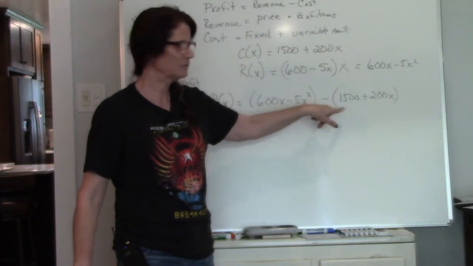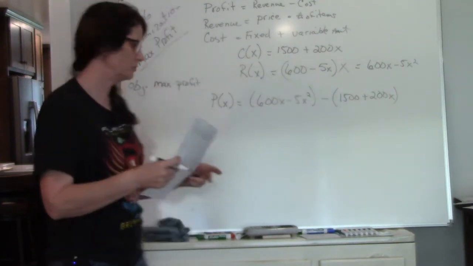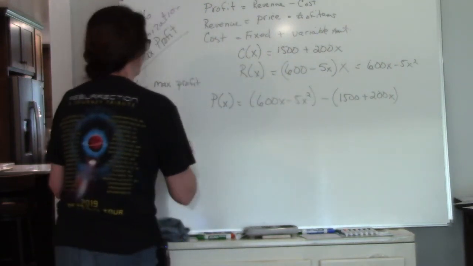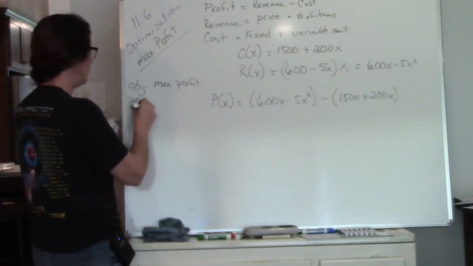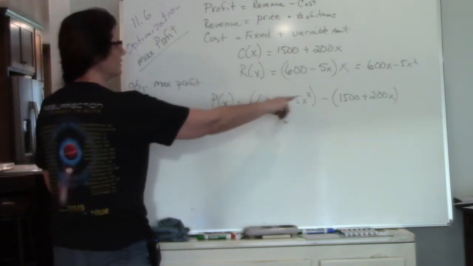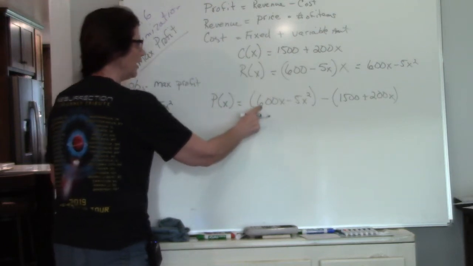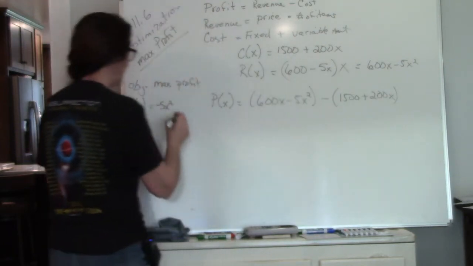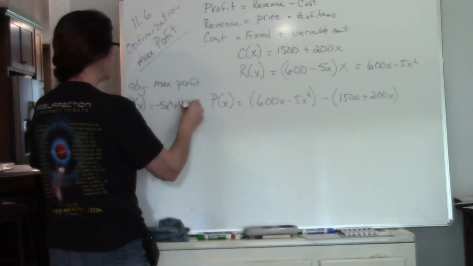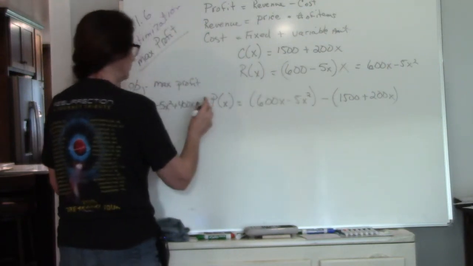Don't forget that, because that negative is going to get pushed through everything. So our profit function, rearranged, is negative 5x squared plus 400x minus 1,500.